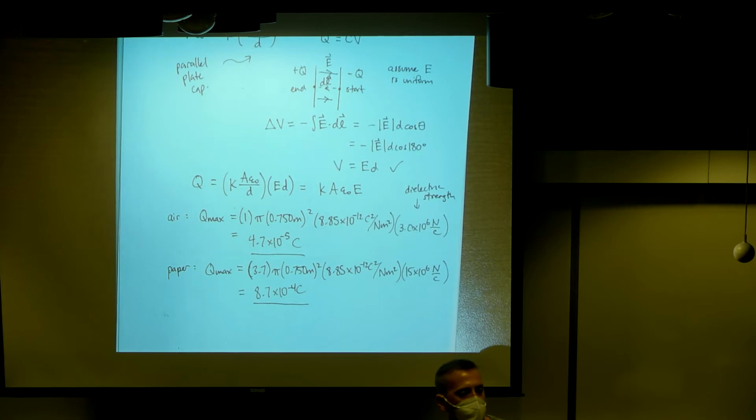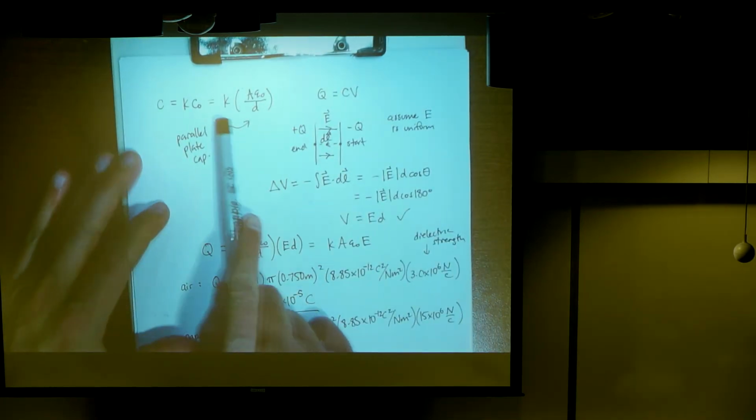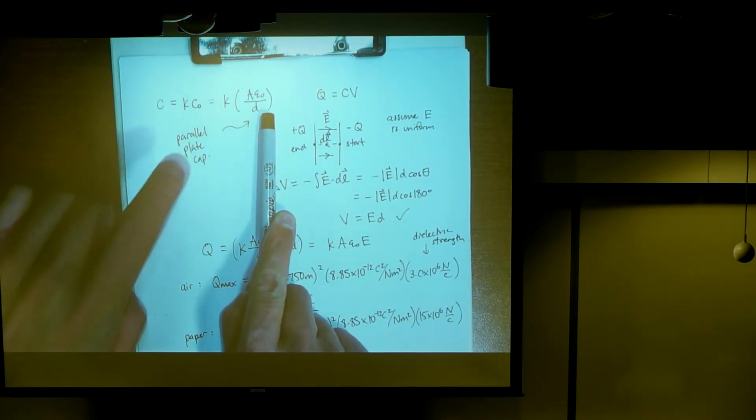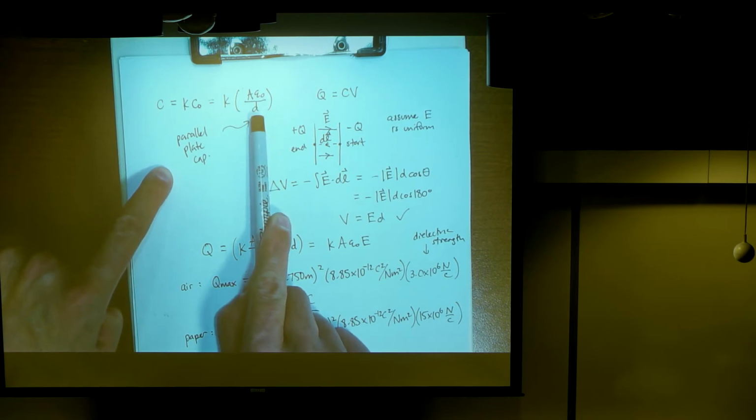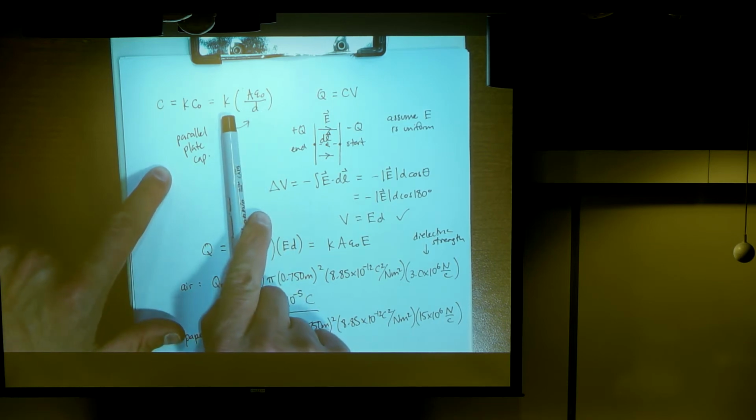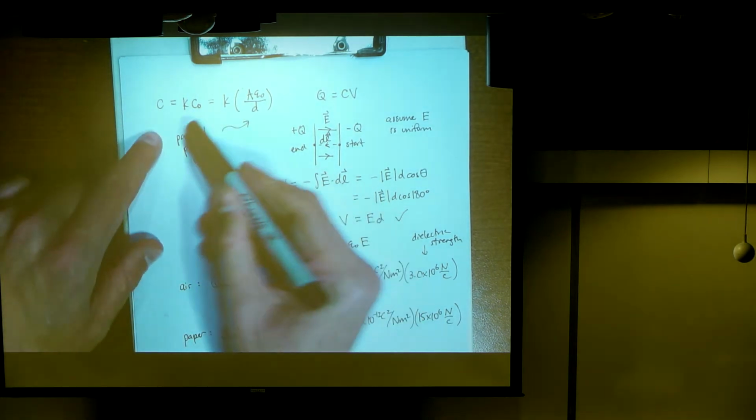Yes, Professor, I have a question. Previously, you said the capacitance is equal to A epsilon naught divided by D. But then I don't know why you put K in the formula. Because it's A epsilon naught over D, assuming we're filled with a vacuum. You multiply by this K constant when there's a dielectric present. So it goes back to here, right?